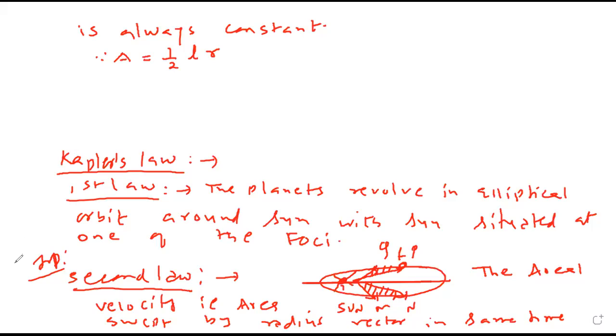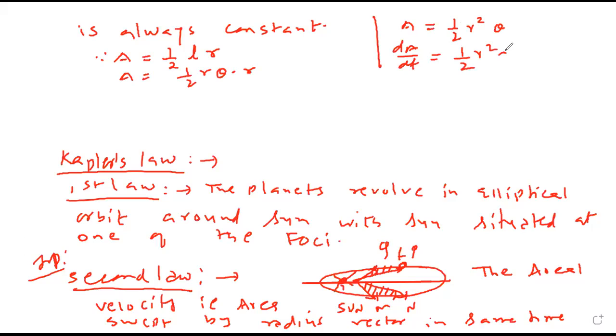So length of arc L is r theta. That means I can say A is half r square theta. So dA upon dt will be half r square d theta by dt. This is nothing but half r square omega.